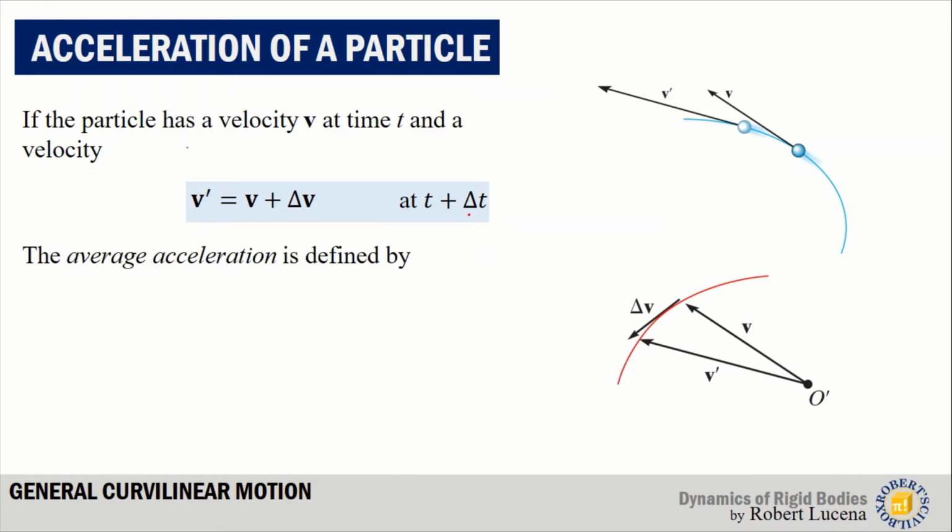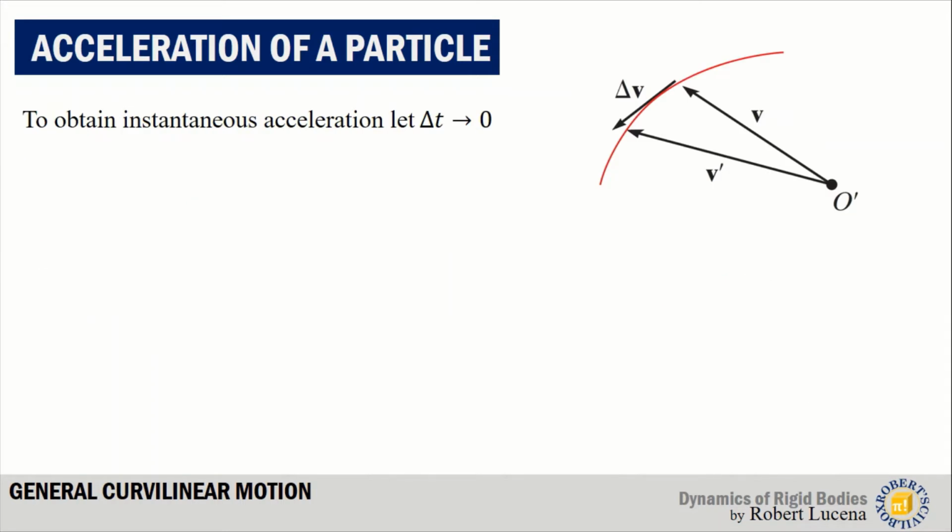So the average acceleration, again not the instantaneous acceleration, can be defined by delta v over delta t. And we want to get the instantaneous acceleration. It has the same principle as comparing average velocity to instantaneous velocity.